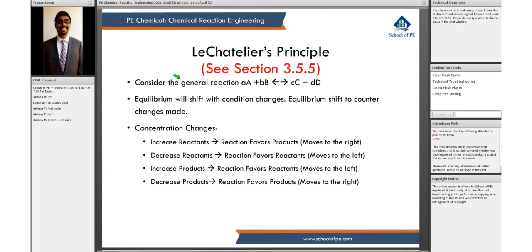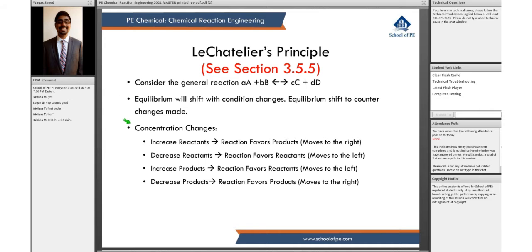If you're looking at a reversible reaction, and this principle only applies to a reversible reaction, based on a stress change, or something that is added or removed to the system, your equilibrium shifts, meaning that stress causes the equilibrium state to no longer be in equilibrium. So you have to do something to counteract that stress or change to bring the system back into equilibrium.